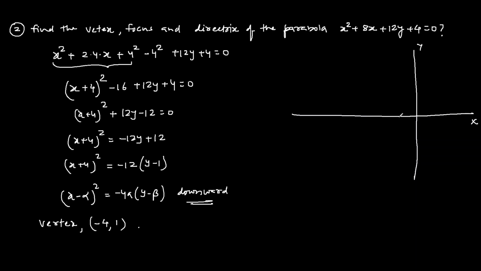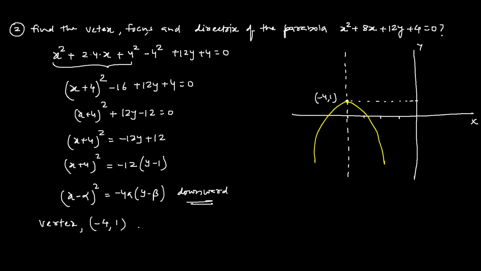Vertex is at (minus 4, 1). So this point is the vertex, and this parabola is a downward parabola, so it goes like this. This is a rough diagram.